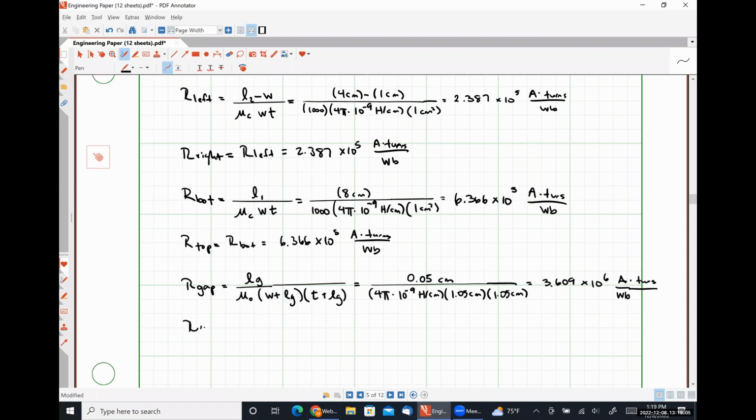Our equivalent reluctance is going to be simply twice our left plus our bottom plus our gap. Since our right is the same as our left, our top is the same as our bottom, and we have two air gaps, and I'm going to have to calculate this really quickly.